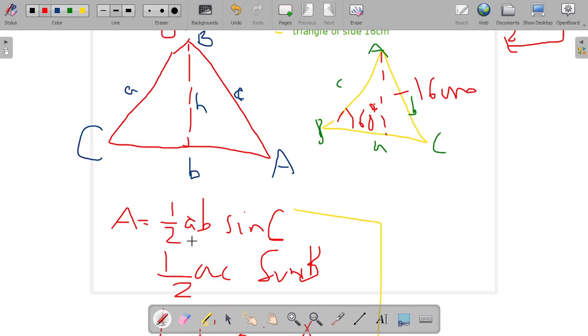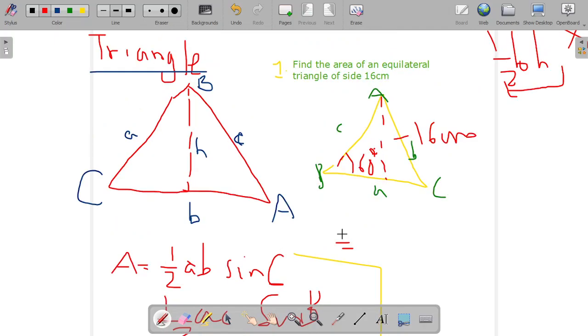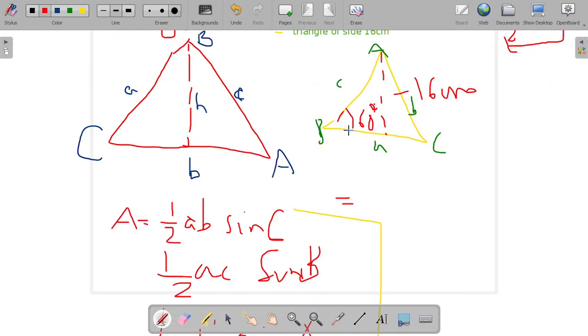So what do we do? Let's choose another formula. We have this formula here. This sine C indicates an angle, sine theta, where theta is the C. Now we can apply this formula to this question. Since the angle is at B, we have sine B here.